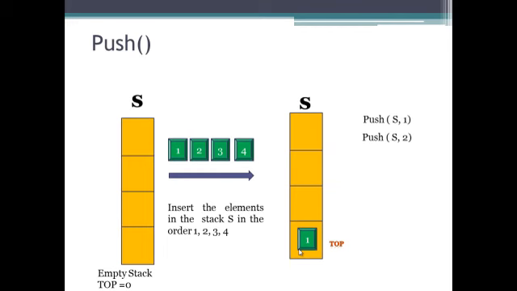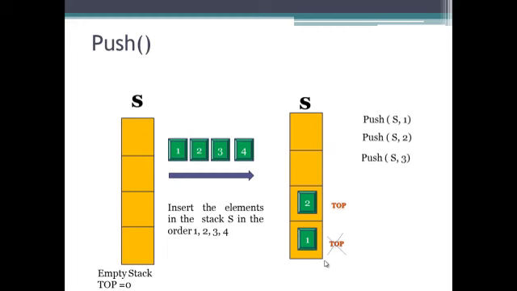Now there is another call to push for inserting the next element 2 onto the stack S. Again, when the new element is inserted, the old element will no more be on the top. So the next top will be the second location where the next element 2 gets inserted.